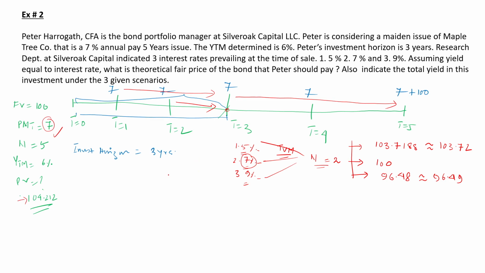Okay, so given this, now the third part of the problem is that we have to understand what are the reinvestment proceeds. So as we say that 7 is the first coupon that is being received, and it is being invested for a couple of years, and since there is no change of the market interest rate, they are going to be invested at the same market interest rate, and this cash flow is going to be reinvested for one more period only. So when you do this, let me just do the math for you here.